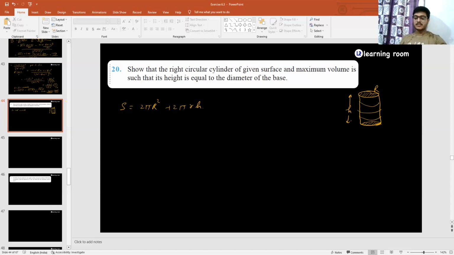You understand the surface area of a cylinder? Are you fine with it? Yes or no?